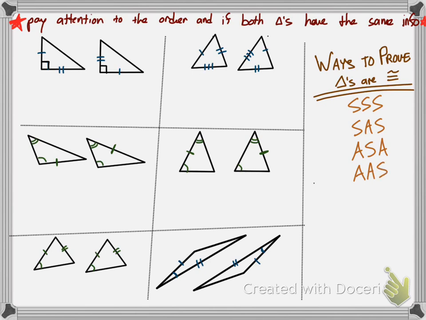Now, some common examples that we will come across may be angle, angle, angle, and SSA. These are 2 that we cannot use. They look very similar to the 4 that we covered in class, but we cannot use either one of those shortcuts per se.